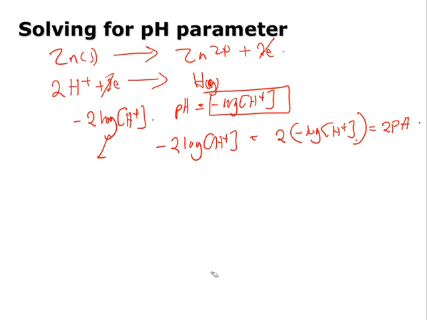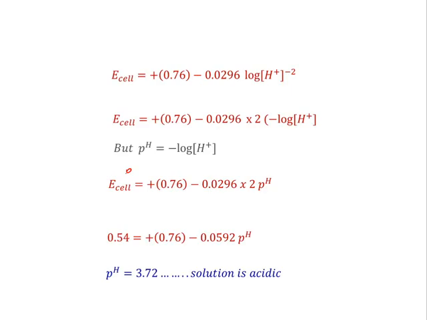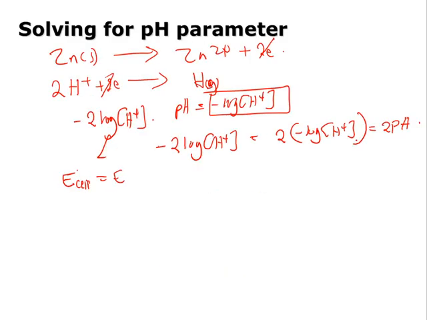Okay, now that we've solved for that parameter, let's get back to our next equation. So you know that E cell is equal to E standard cell minus 0.0592 divided by n log Q, right?